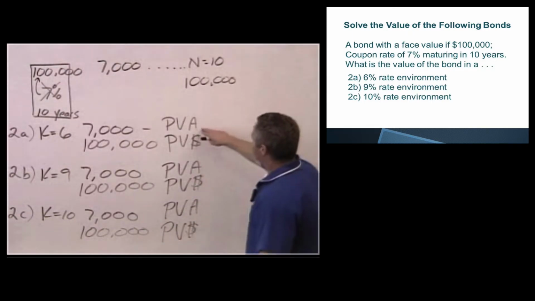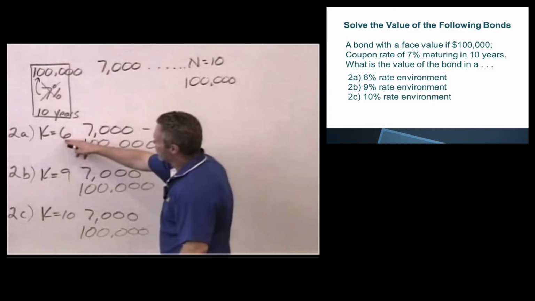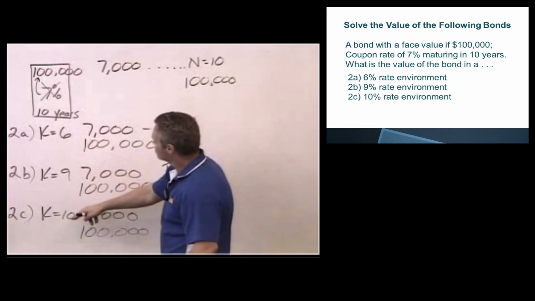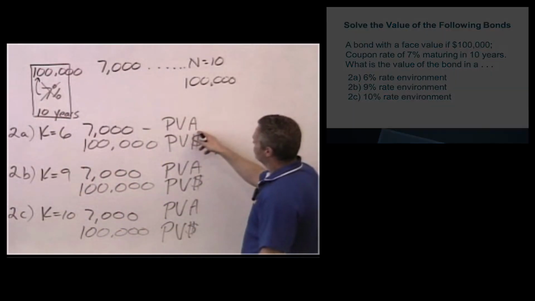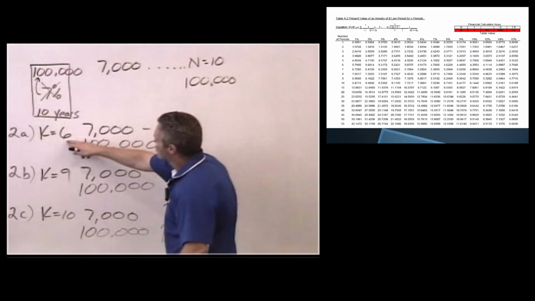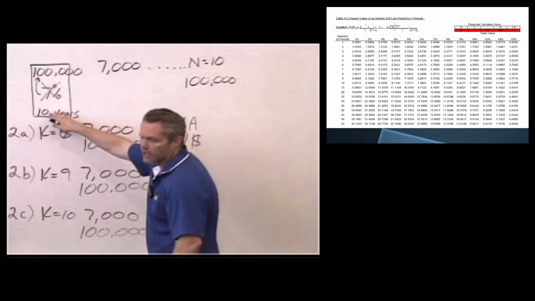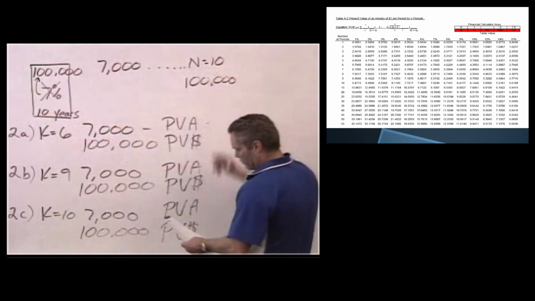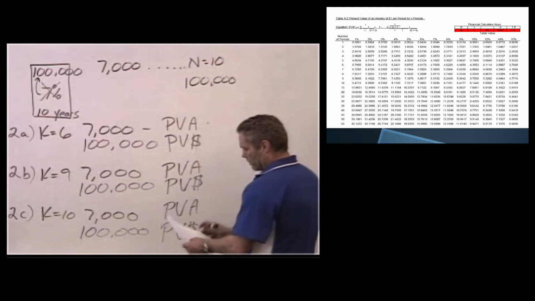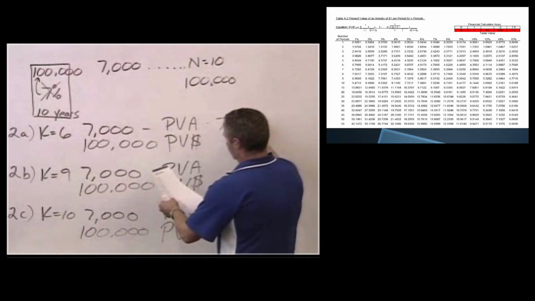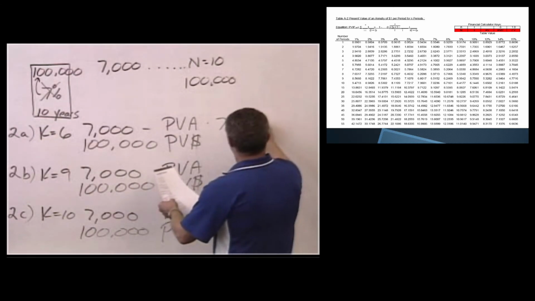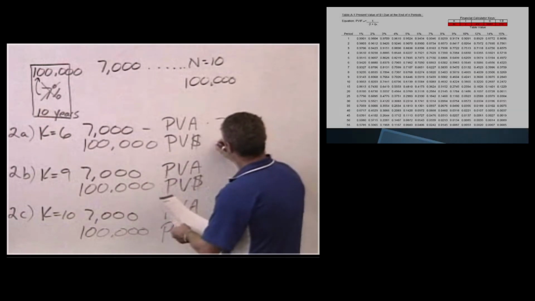Then we're going to look up the factors using K at 6, 9, and 10. So what I want to do is I want to look up present value of an annuity, K equals 6, N equals 10 to get my factor. And when I look that up, I find that that is 7.3601. My present value of $1 factor, 0.5584.